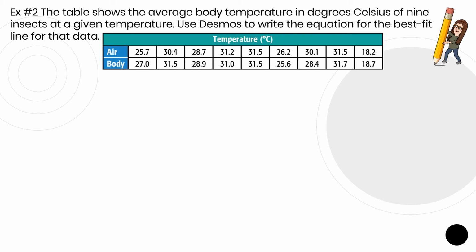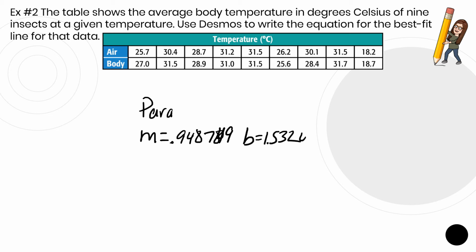All right, so I closed our graph, and using that information, those parameters, right, they said m was equal to 0.94878, 49, and the b value said 1.53247. So we're going to write our equation. So y equals, if you're told how to round, please pay attention to that.